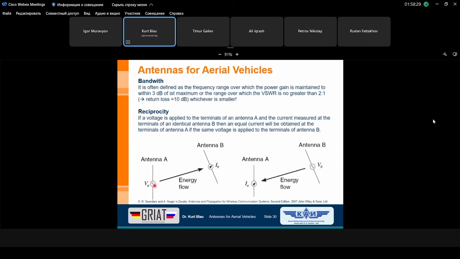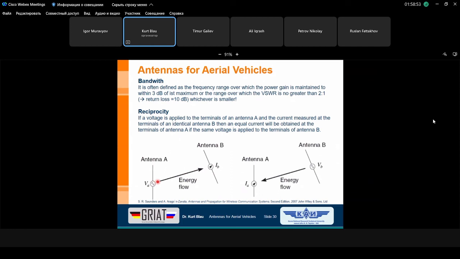Case 1: antenna A is excited by the voltage of antenna A, and now it's clear the voltage drives the antenna A, and then a current is created along the strips or wires of antenna A, and energy is radiated.